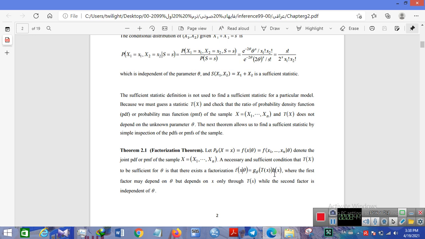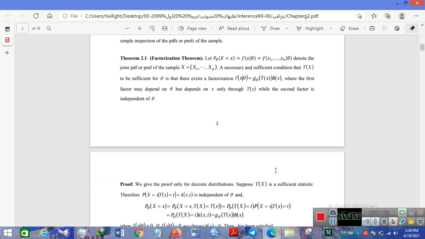So this says if we can write this factorization, T(x) is sufficient, and if T(x) is sufficient we have this factorization. So it's a way to find sufficient statistics.